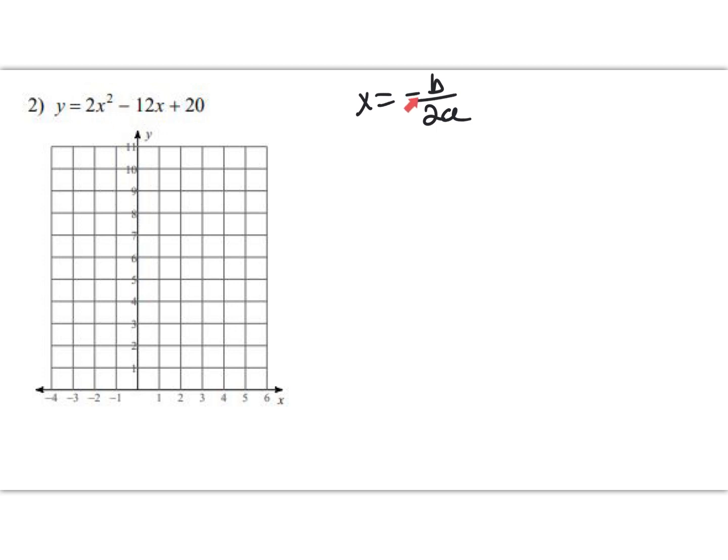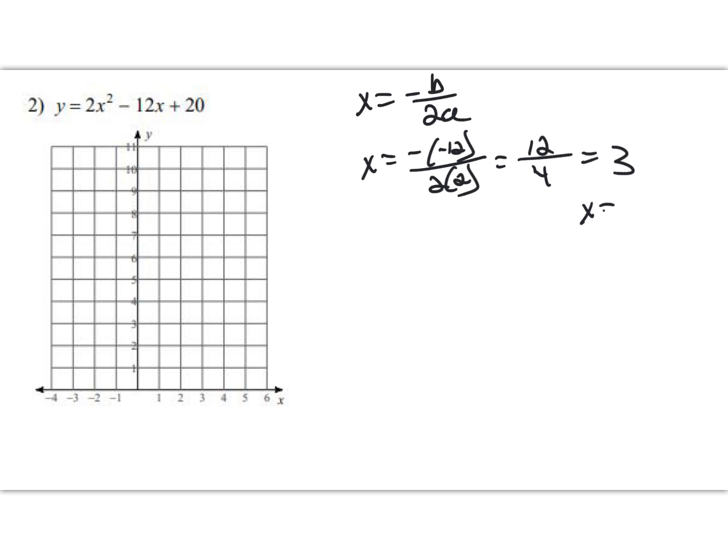So when we write negative 12, or if I were to write that out, x equals negative 12 over 2 times 2. This 2a, a is now 2 in this problem. B is negative 12. Well, negative 12 is actually positive 12. So this is 12 over, and 2 times 2 is 4. So 12 over 4 equals 3.